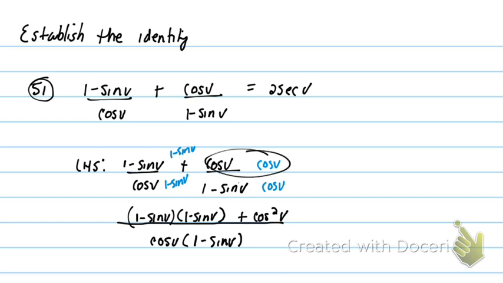Can you write that first 2 terms cosine squared? You can. The only reason, and I'll tell you guys this, that I didn't write it as 1 minus sine v squared is because then you have to remember the formula. And I'm not sure you guys will remember how to do that. If you do, that's great. If not, you would wind up unsquaring them and foiling it anyway. So I left it in the FOIL format.